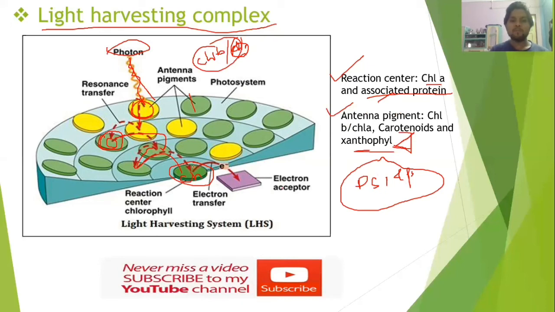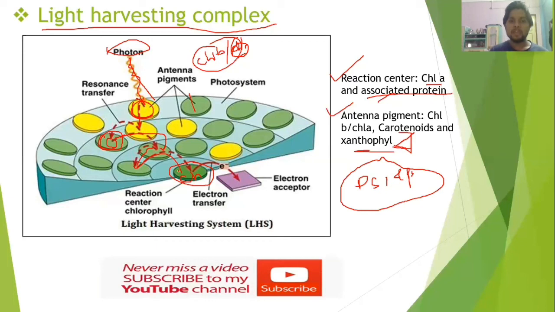They receive the light energy from the antenna pigment. So the function of antenna pigment is to receive the light and transfer it to the reaction center, which has chlorophyll A and photosystem 1 and 2.